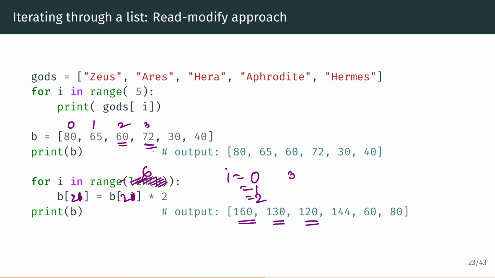This is 72 times 2, which is 144, and then I equals 4, this is 30 times 2, which is 60, and then I equals 5, which is the fifth element, right here, and 40 times 2, that's 80, and that's when it stops, right? So using this syntax right here, we can not only read but also modify each of the individual values in a list.